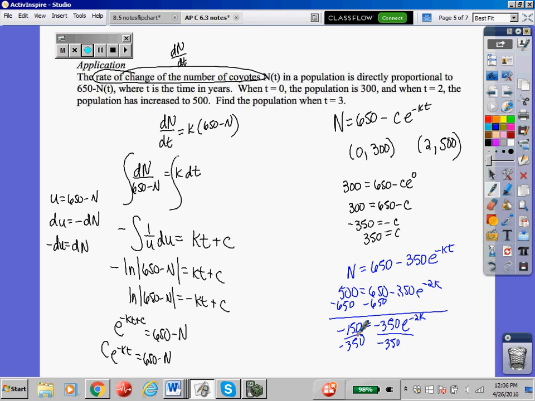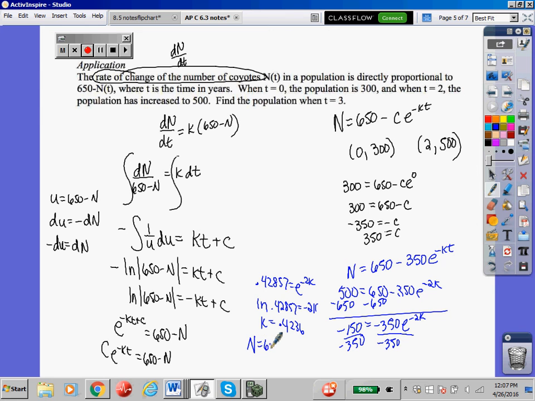I got my calculator because I oftentimes do a lot on my calculator. All right, so you're getting 0.42857 equals e to the negative 2k. And then you just take the natural log. Divide by negative 2. And k was this, it's positive 0.4236.